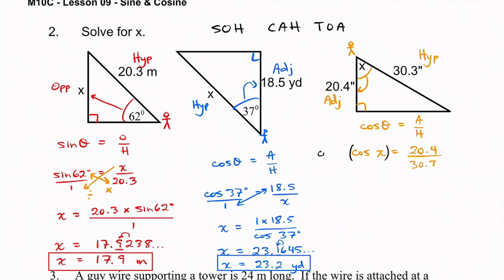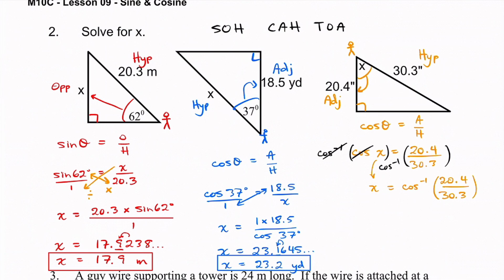And the only way to get rid of a cos is to do the opposite, so that's cos inverse. So I got to take cos inverse of the other side as well, and then cos and cos inverse cross here, and then the only thing that's left is x. So I got x equals cos inverse of 20.4 divided by 30.3.